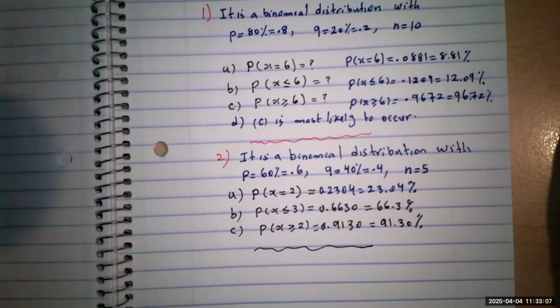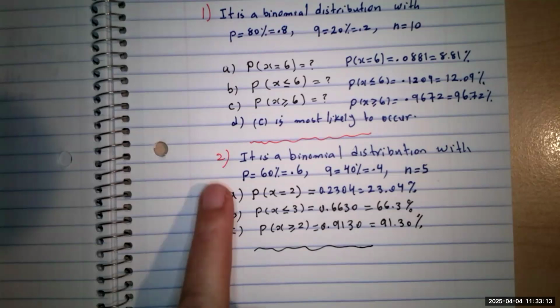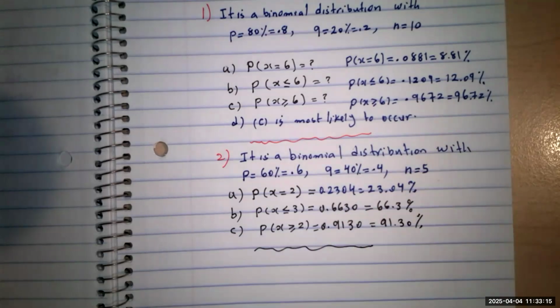So let me go back to my notebook. There you are. This is the way you're going to write it down nicely. You have to tell us, don't just give us a number. You have to tell us that this is a binomial distribution. If it's a binomial distribution, you have to give us 3 numbers: the probability of success, which is 60%, the failure 40%, and the sample size 5.